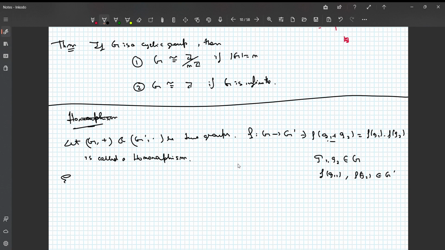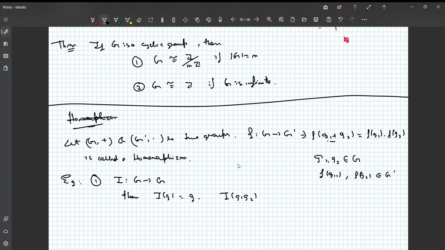So if I choose any example, example number one, let's say you choose the identity mapping from a group G to the group G. Then I of G is nothing but G. Conventionally, we will keep using multiplicative operations on either side of the mapping; we won't use different operations to distinguish elements of the range and the domain.